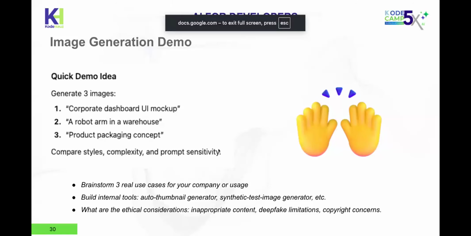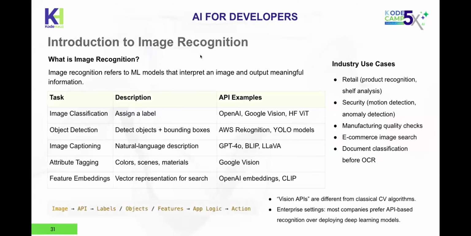So beyond image generation, the next thing when you're manipulating images is image recognition, right? With image recognition, you basically are giving your model an image and you are asking your model to do something with that image.